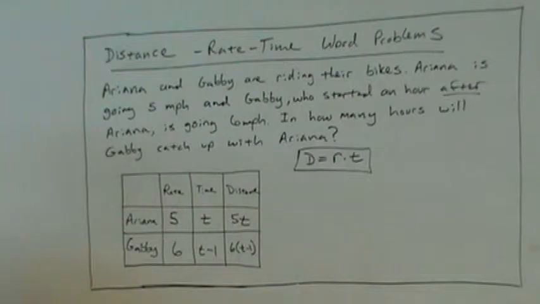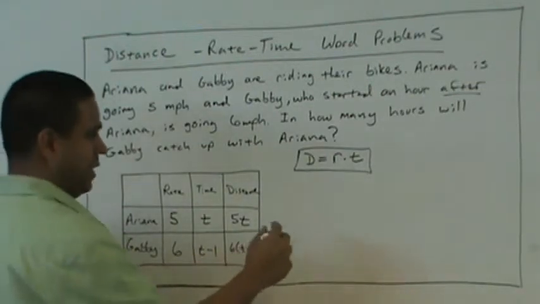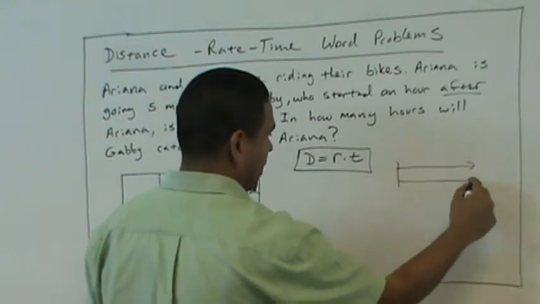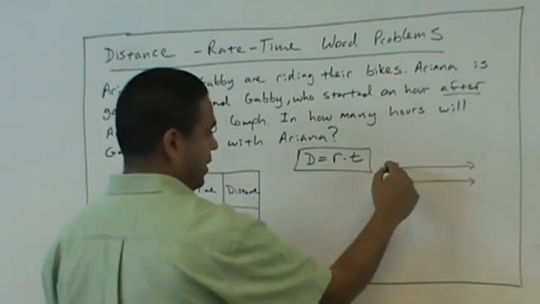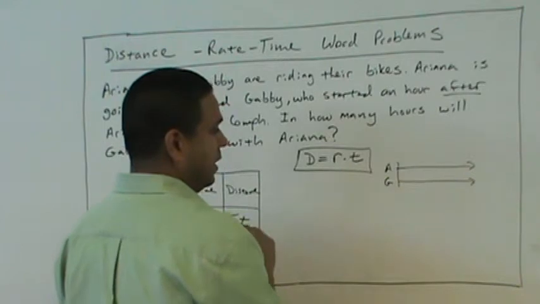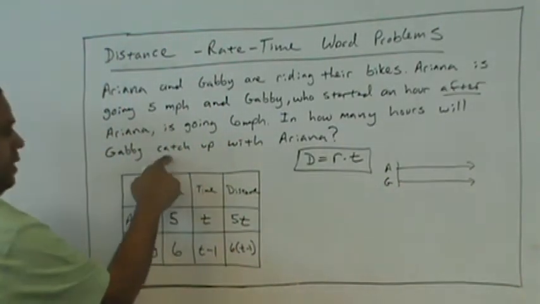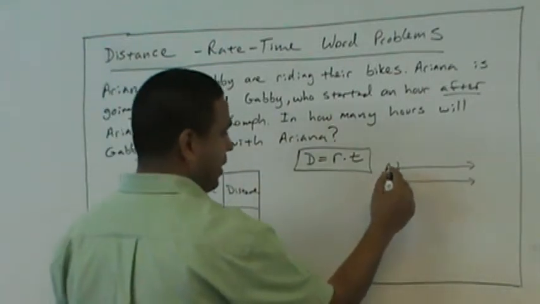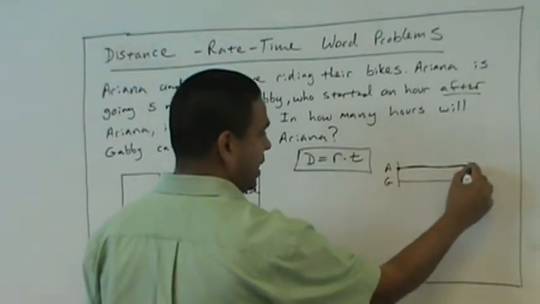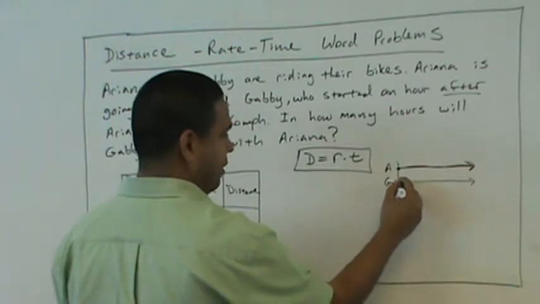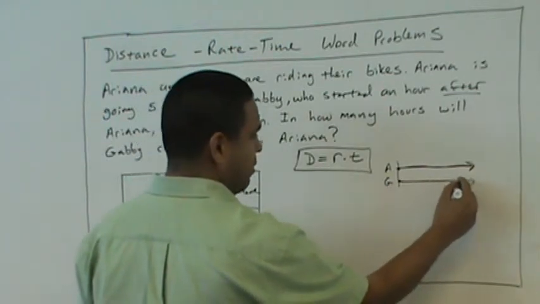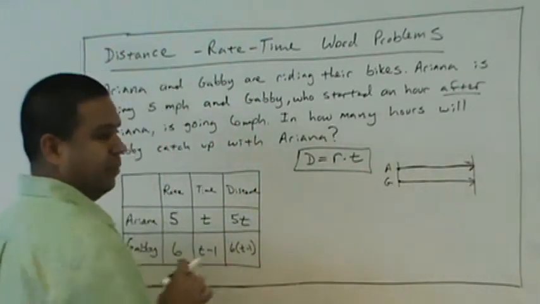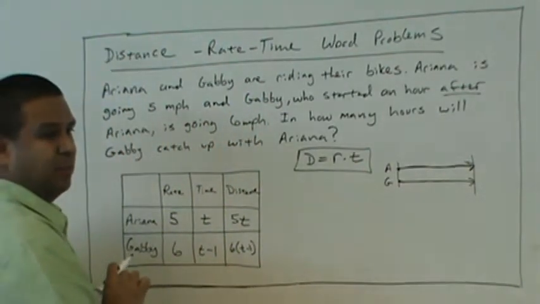Okay? Now here's where we have to use a little bit of logic. I like to draw a picture. If this is Ariana and this is Gabby, and we want to catch up to her. So if Ariana takes off and rides her bike and ends up here, and then an hour later Gabby takes off and rides her bike and catches up to her, what do you know about the distance? They're the same.